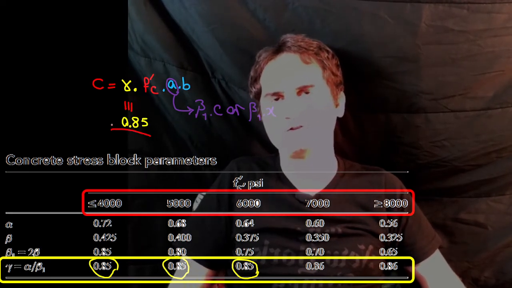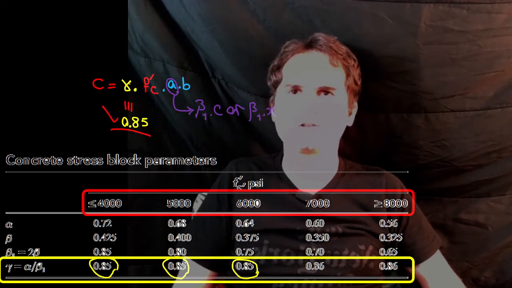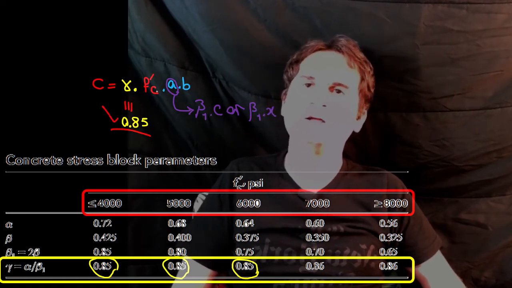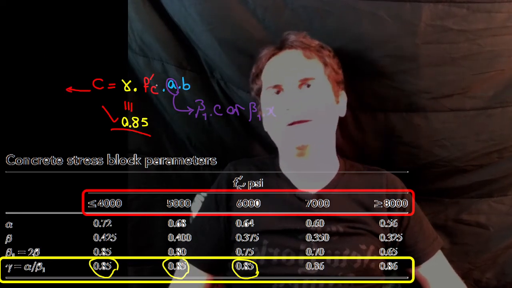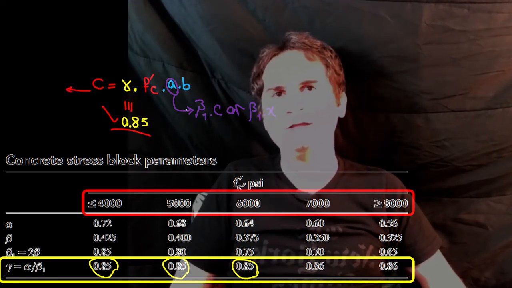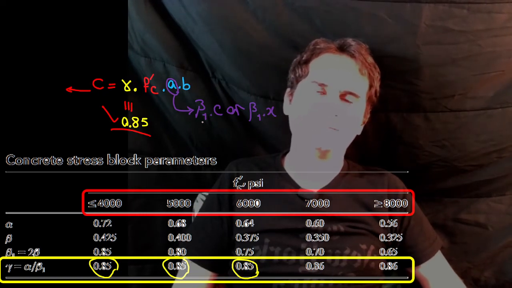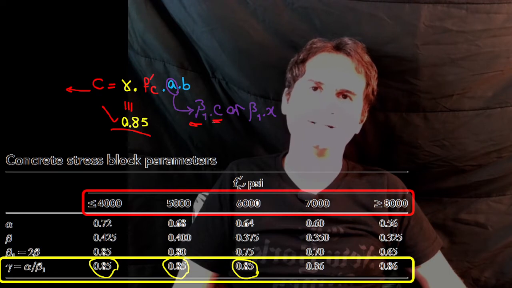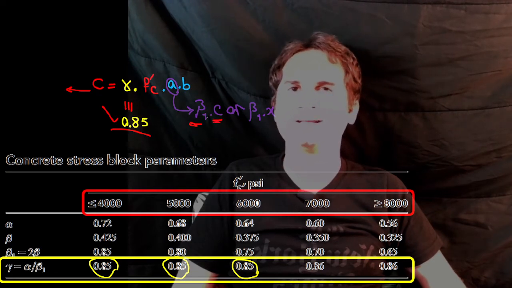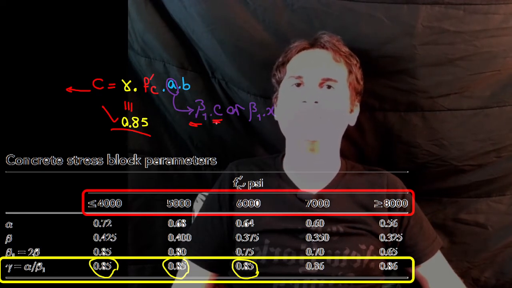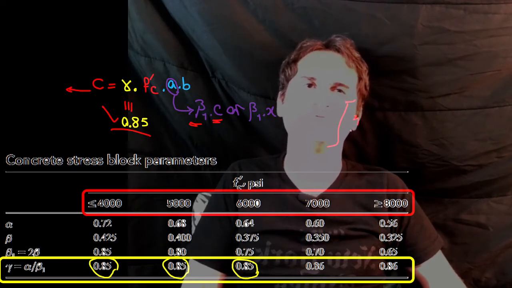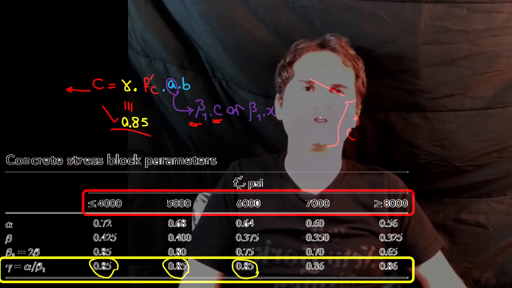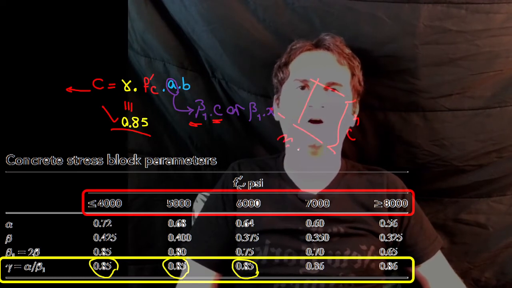It just gives us a gamma of 0.85 times F prime C, that's the compressive force at the top, and gamma F prime C times A, which is a constant times a coefficient times the distance to the neutral line, beta times beta 1 times C or beta times X. C or X is just the distance from the top of the section to the neutral line or axis.